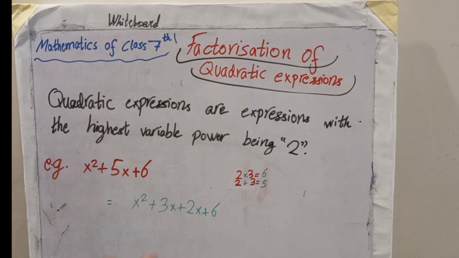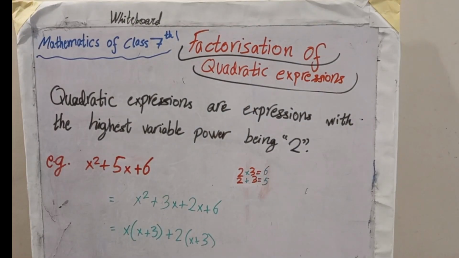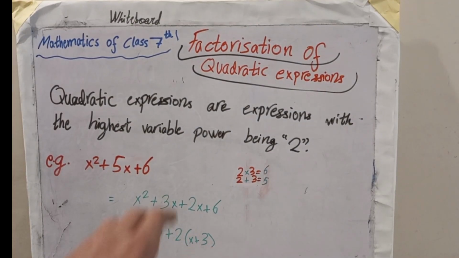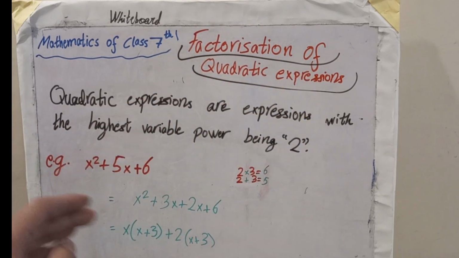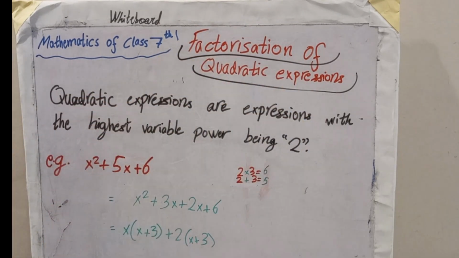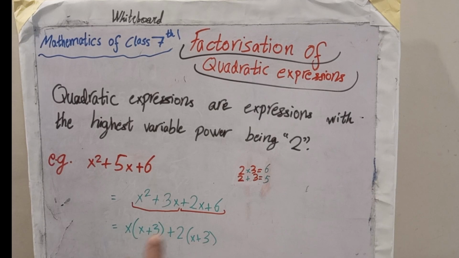Now let me do the second step and explain further. So here's the second step. Basically, what factorization of quadratic expressions is all about is breaking the terms down. First we broke the middle term into 2, and then we broke this x squared plus 3x, and let me underline it. Here I've underlined it.